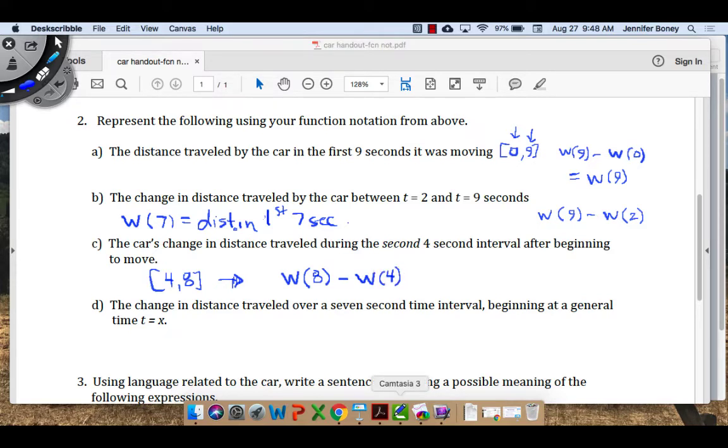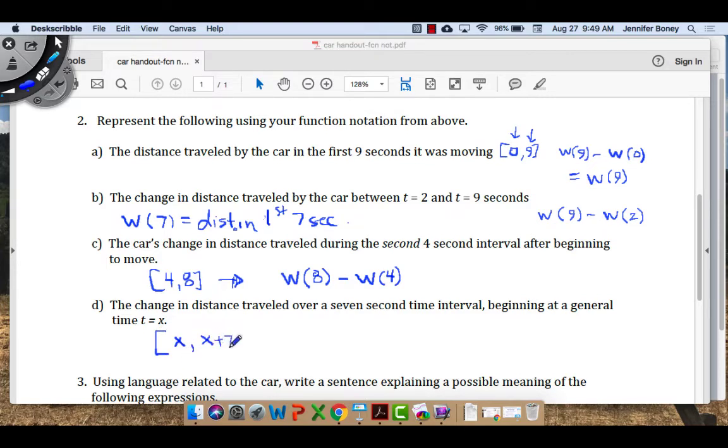All right, that's not bad. Now, make this one step weirder. The change in the distance traveled over a 7-second time interval that begins at a general time t equal to x. So what interval are we talking about here? X through x plus 7, right.